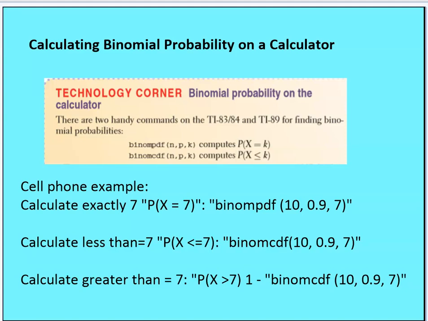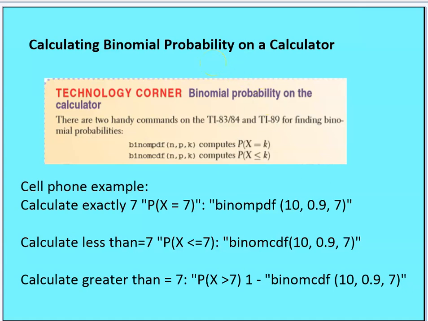To calculate less than, you're going to use the binomial CDF. And to calculate greater than, you're going to use 1 minus binomial CDF. All right, where binomial PDF and CDF have the number of trials, probability of success, exactly the number of successes for PDF, and then less than or equal to the number of successes for CDF.